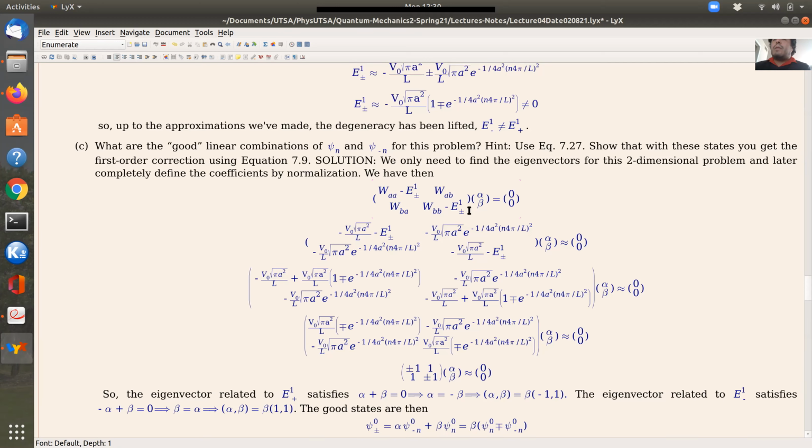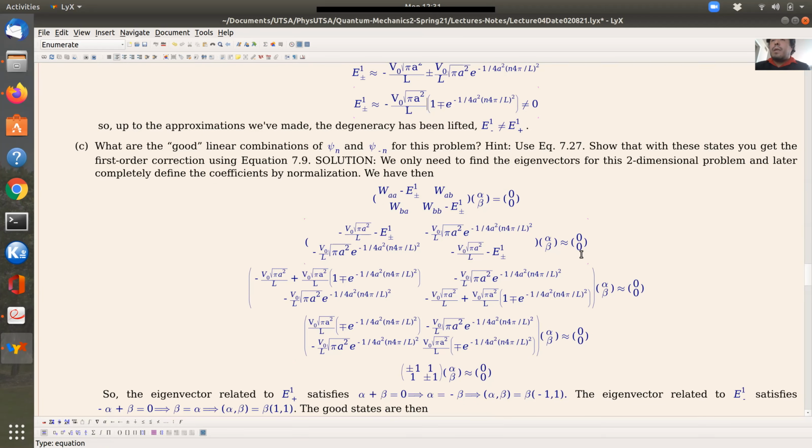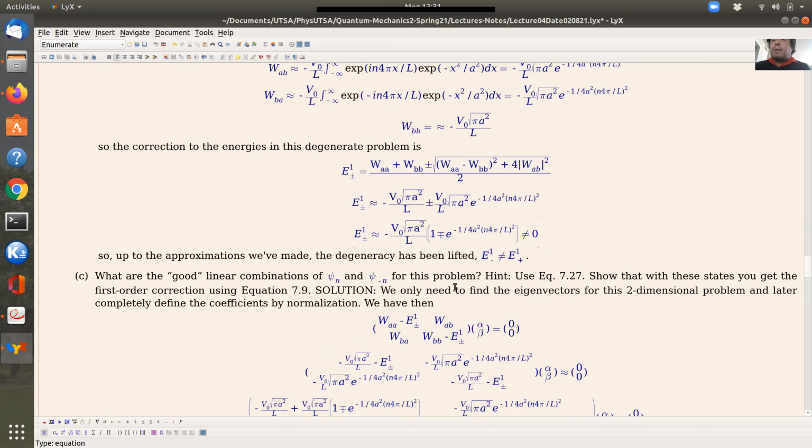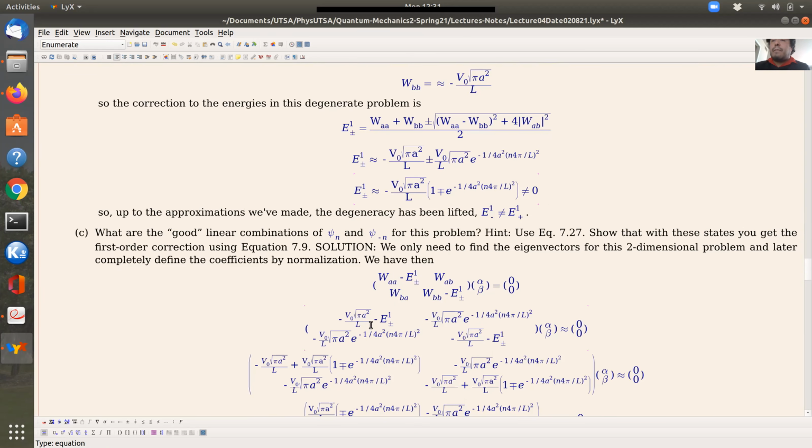So the eigenvalue problem that we have, of course, we have passed the energy times identity matrix to the other side. So that's why we have the diagonal terms being subtracted by minus E1 plus minus. So this is the equation to find the eigenvectors, since we already know the eigenvalues over here, approximately. And if we plug in the values of WAA, WAB, WBA, WBB that we found over here, right?